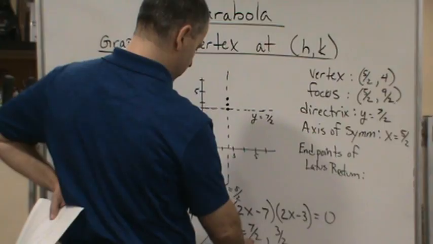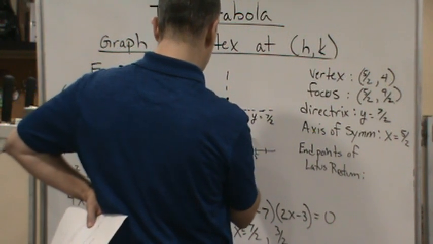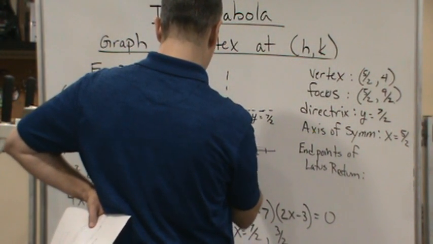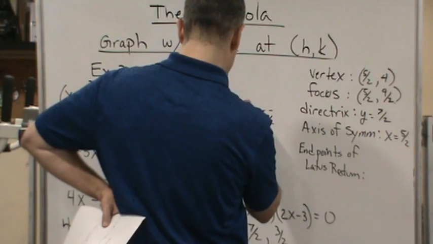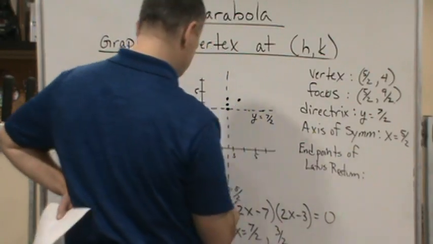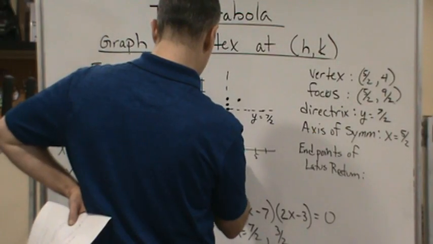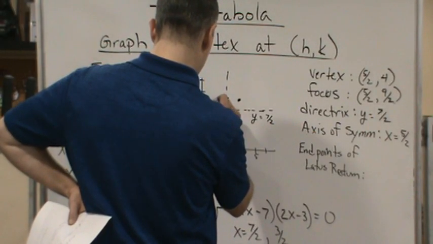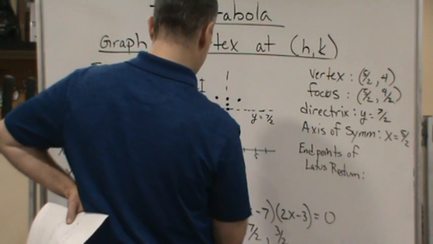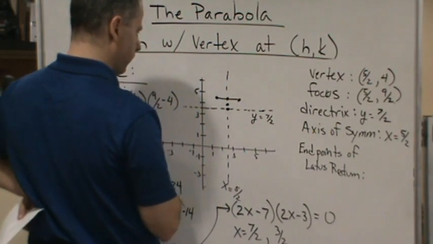So 7/2 is going to be 3.5. So x is going to be 3.5 right here, and then 1.5 right there. So there's the latus rectum.